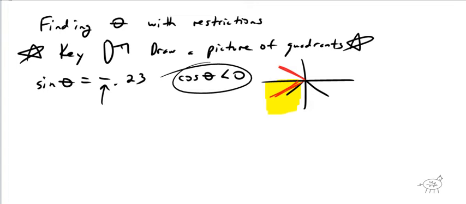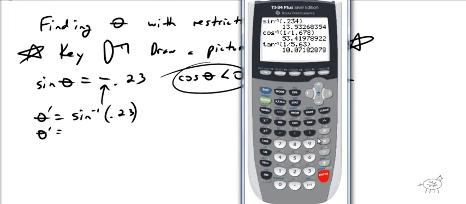So now what we're going to do is just what we did before. We're going to say theta prime is equal to the inverse sine of positive 0.23, because we need to get a reference angle. So let's bring up our calculator. We're going to hit inverse sine of 0.23, and we'll just round to one decimal, so it's going to be 13.3 degrees.